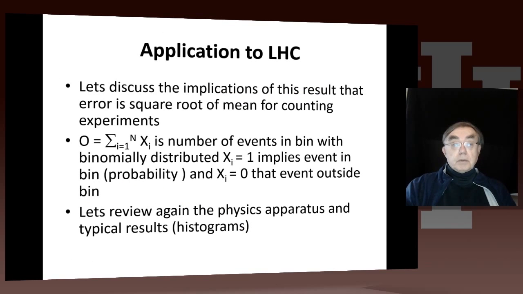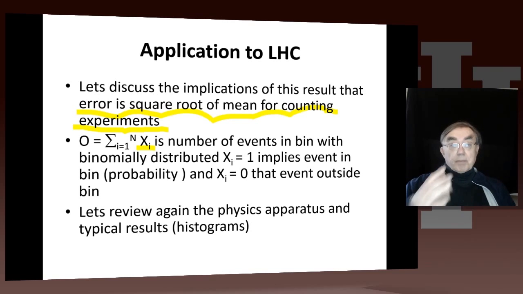So this is just a recap that the error is the square root of the mean for counting. This is really important. It's sort of trivial, but actually most important things are trivial. So this underlies everything we do. The binomial distribution is 1 for events in the bin and 0 for events outside the bin.